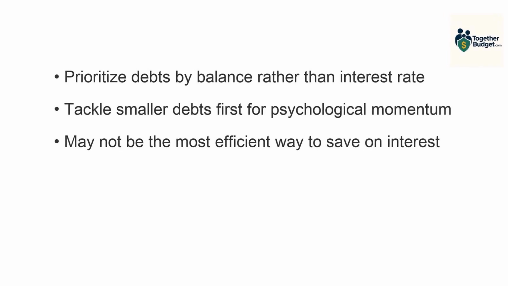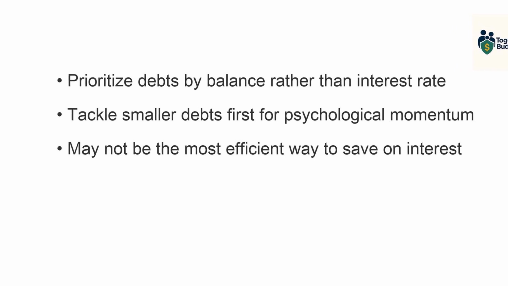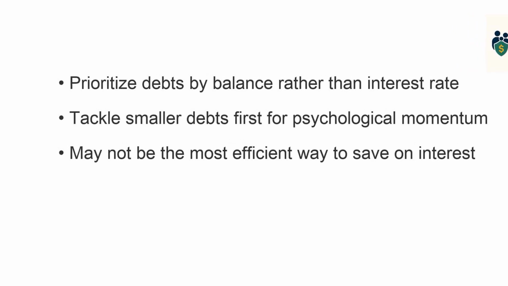In a debt snowball, you prioritize debts by their balance, tackling the smallest one first. This approach can provide psychological momentum as you quickly eliminate smaller debts and build confidence. Additionally, it's often more manageable for those with multiple debts and limited funds.